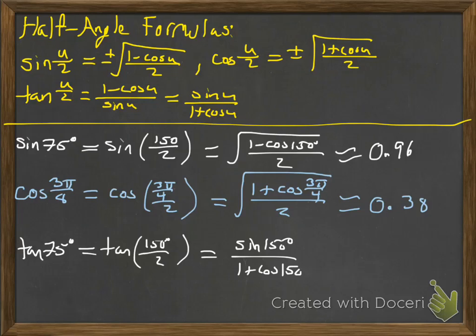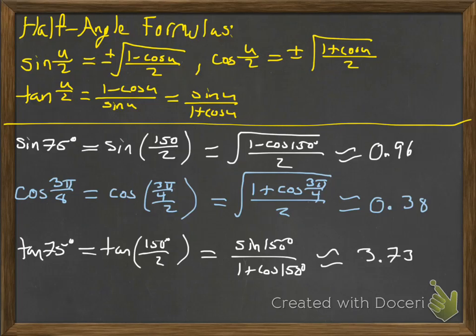Okay, so plug that all into your calculator. Then we get about 3.7, and again, this is not degrees. It's just a ratio of sides of a triangle. Well, then just be careful that when it's in degrees, you're using degrees in your calculators. When it's in radians, you're using radians in your calculator.